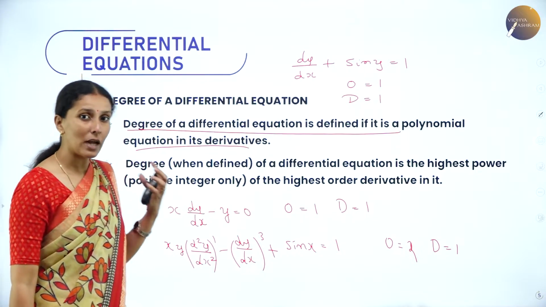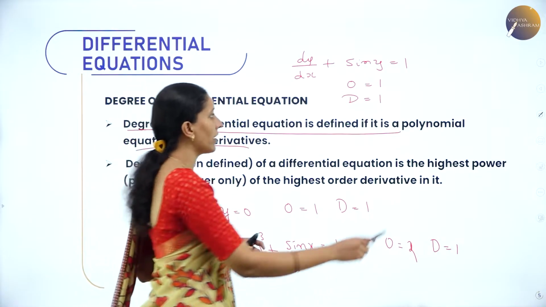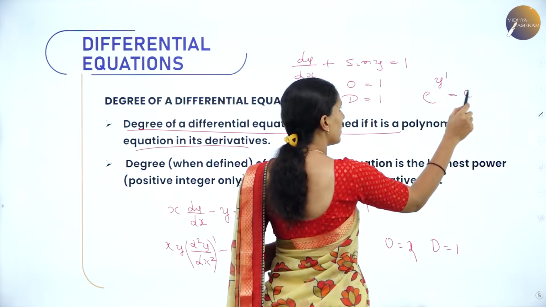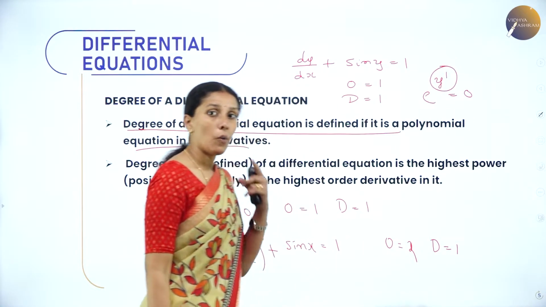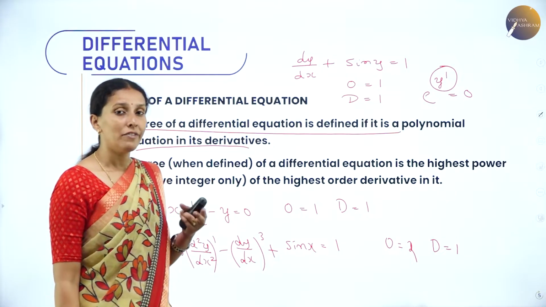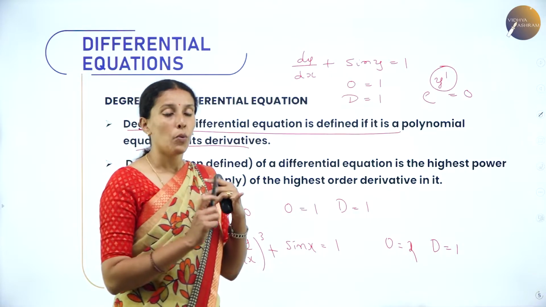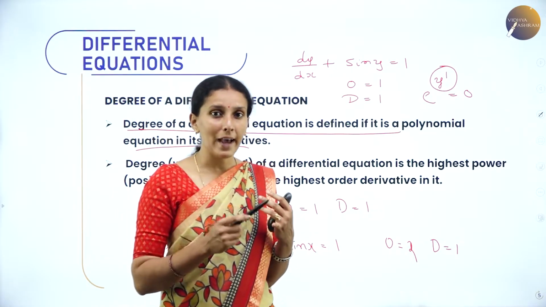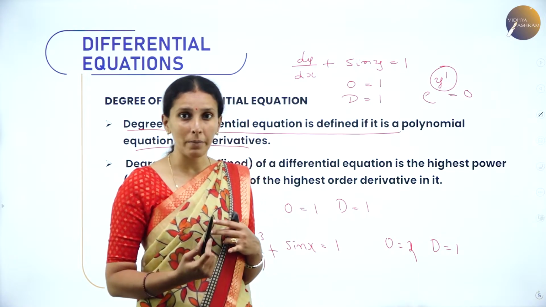Similarly, we arrive at some type of non-polynomial equation. For example, if I take e to the power y dash is equal to 0. What is y dash? Y dash is nothing but dy/dx. We have studied the different forms of derivatives like y dash, y1, which is nothing but dy/dx. Y double dash or y2 is nothing but d²y/dx².